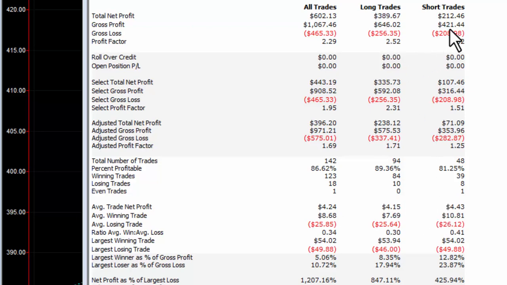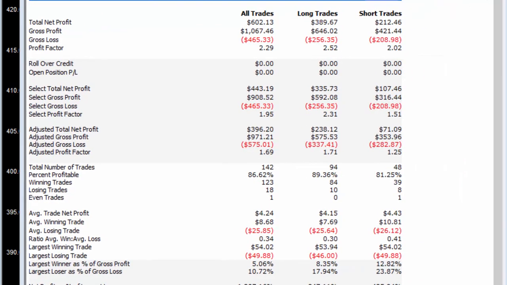You could even see up here that the short has a nice profit factor. The profit factor, anything over 1.5 is considered really good. And it's winning 86.5% of its trades, almost 90% for longs, well, 89 and a third, and over 81.25% for shorts. So this is a really good looking plan using trend mode and counterpunch.